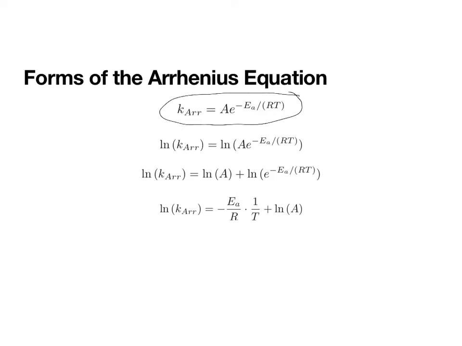And this is one form where we have the rate constant k is equal to A. Remember that A is what we call the pre-exponential factor.